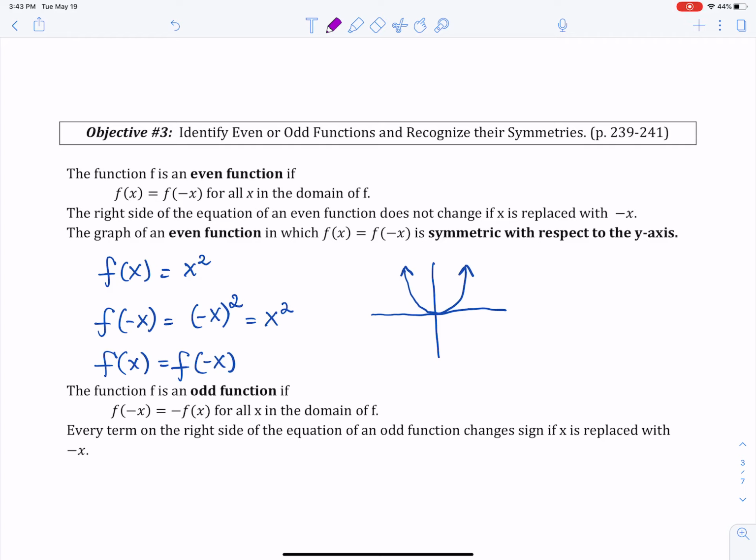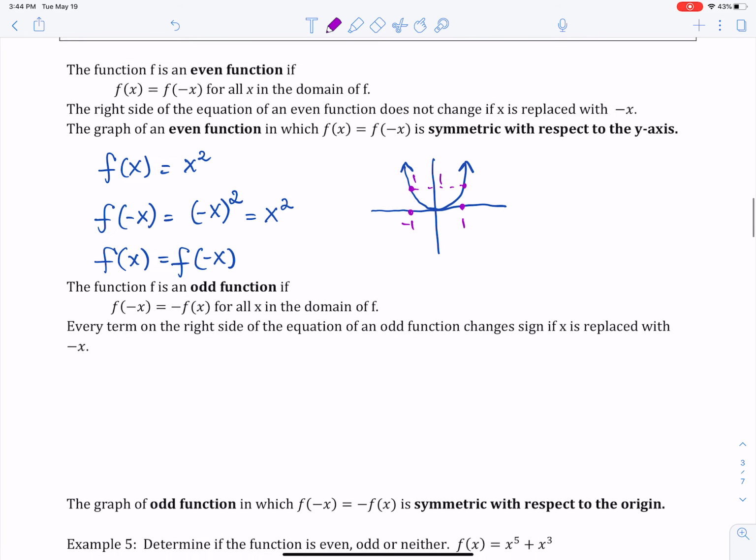For x equal to -1, the y value is equal to 1, and for x equal to +1, the y value is also equal to 1. So if I plug in -1 here, the result is exactly as if I had plugged in 1. Even functions are symmetrical with respect to the y-axis.